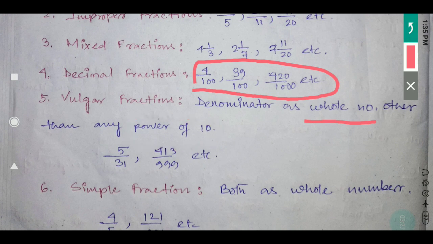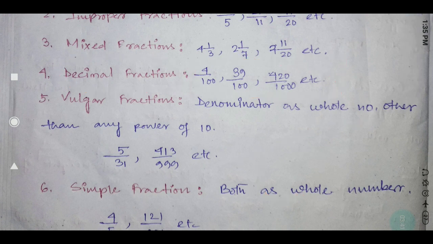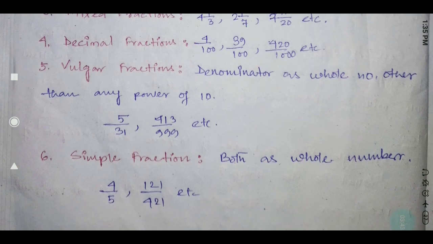That means whenever your denominator is a power of 10, that type of fraction comes under decimal fractions. Otherwise, if in any fractional number the denominator is any whole number but not a power of 10, then it is called a vulgar fraction. See this example, a denominator as a whole number other than any power of 10.